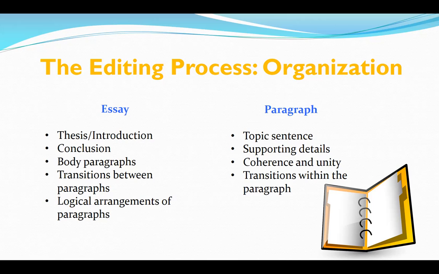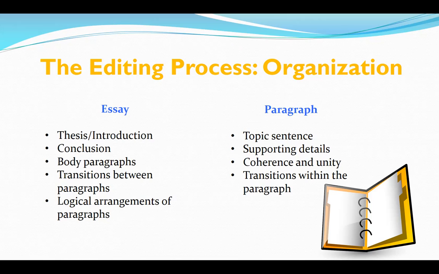Now, when we're looking at the individual paragraphs, I mentioned this before, look at your topic sentences. Make sure each paragraph has a strong topic sentence that ties back into the thesis. Then you want to make sure that you have supporting details that back up the topic sentence. And you look for things like coherence and unity. Does everything in that paragraph support the premise of the topic sentence?